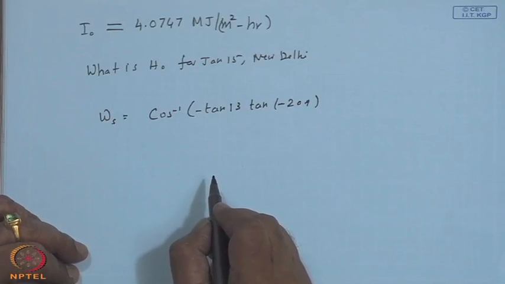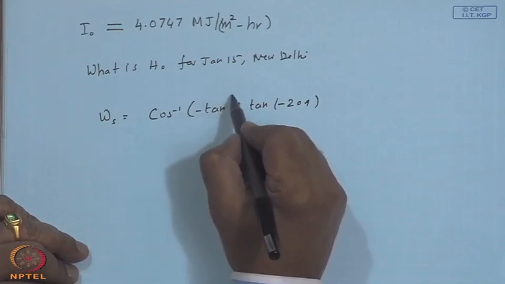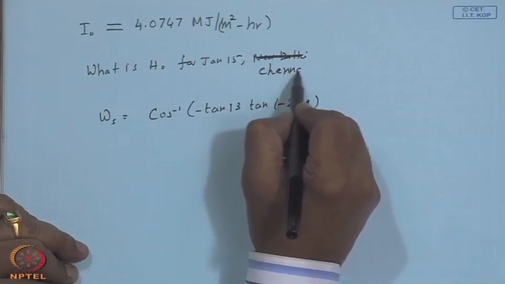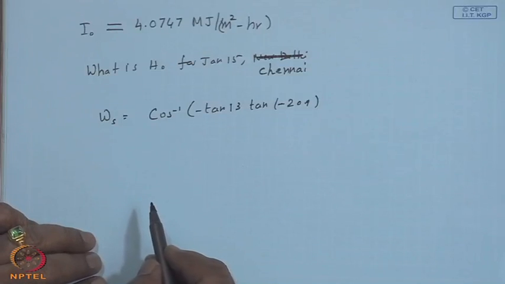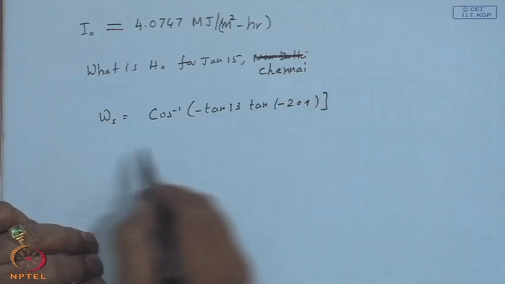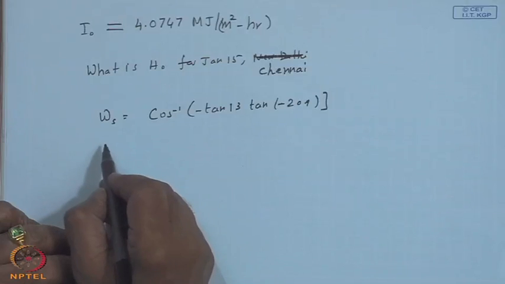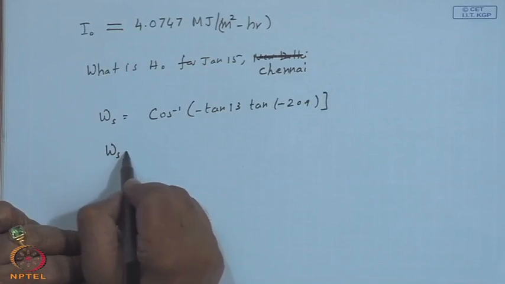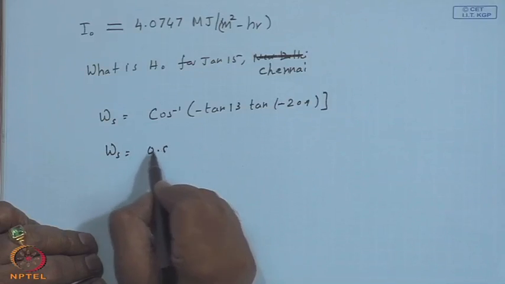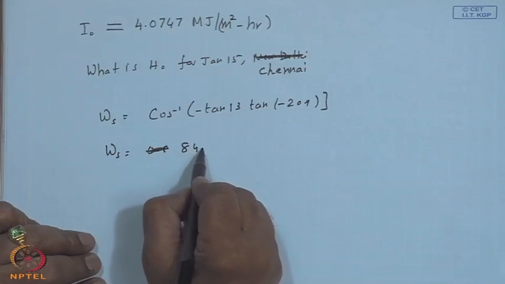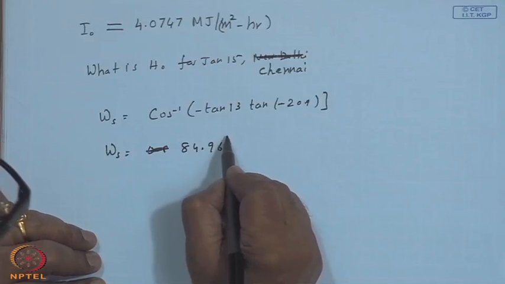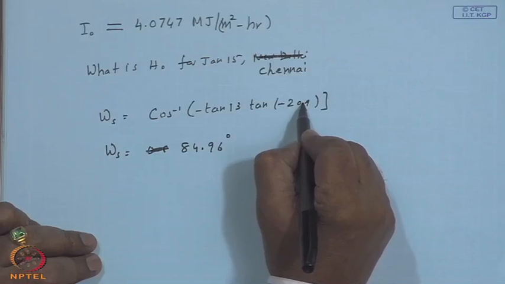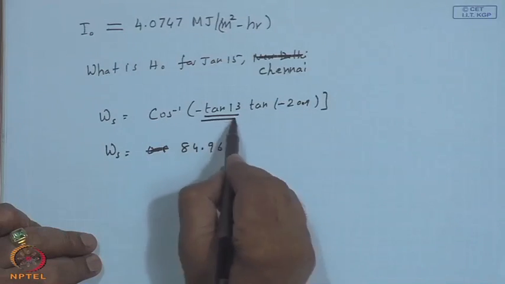The location is Chennai, so 13 degrees. So, you have got this omega s is 84.96 degrees. So, you can understand that this is January, but at a low latitude.